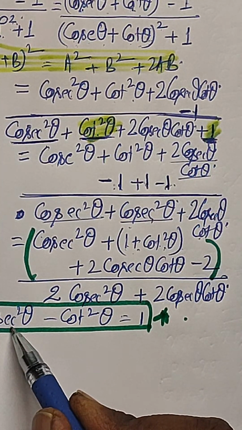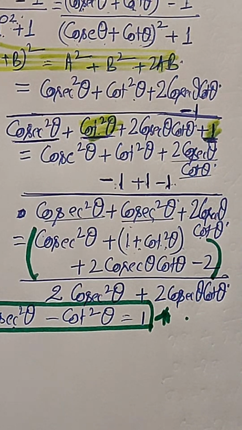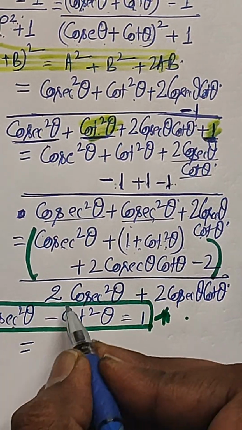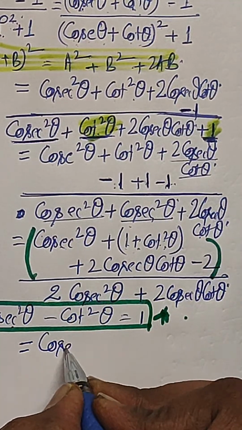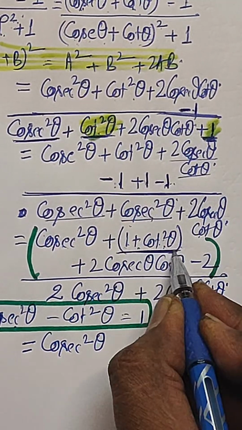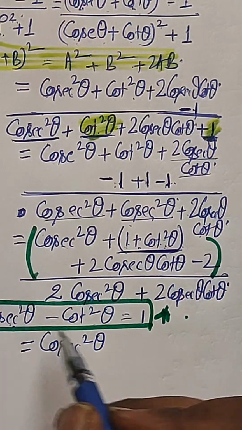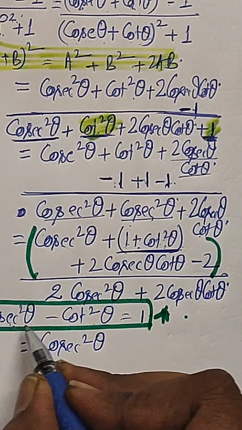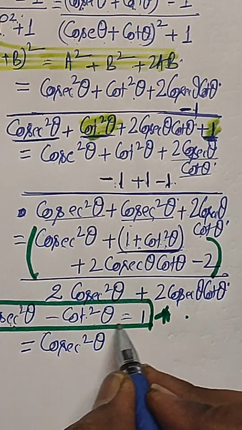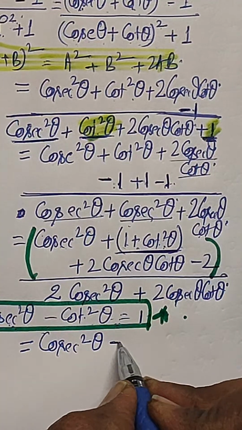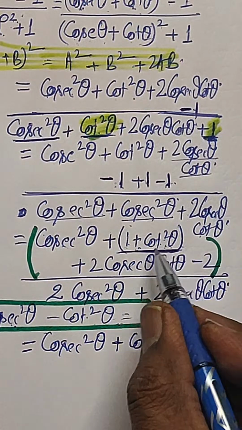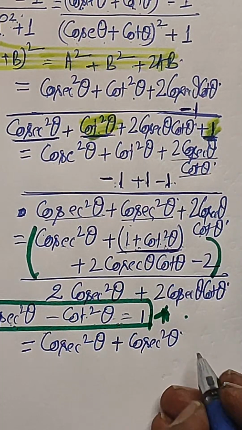Tell me. Now, here we can do one thing. Just write the numerator as it is, cosec square theta, and instead of this 1 plus cot square theta, just write cosec square theta, because 1 plus cot square theta is cosec square theta, using this identity, using this formula. So this will become again cosec square theta, whatever is in the bracket, right?